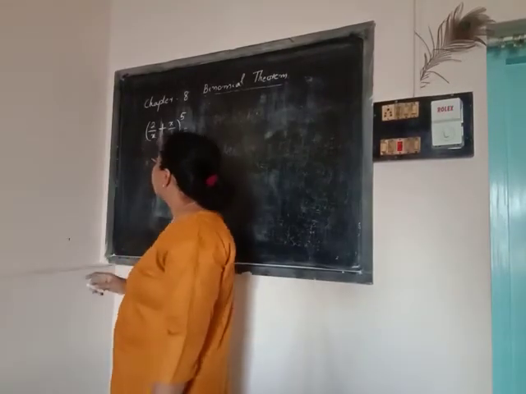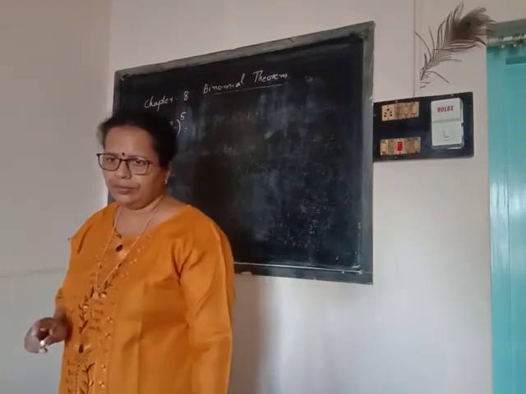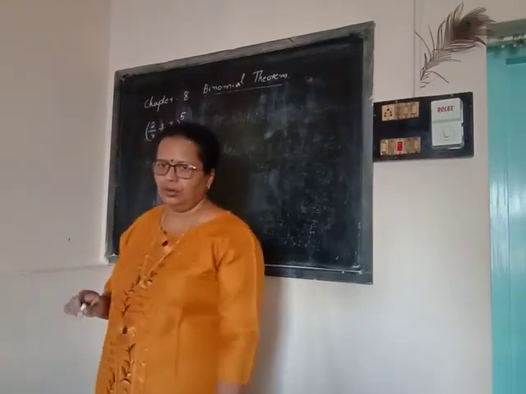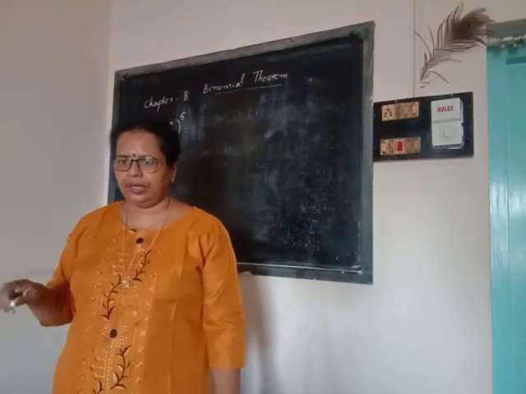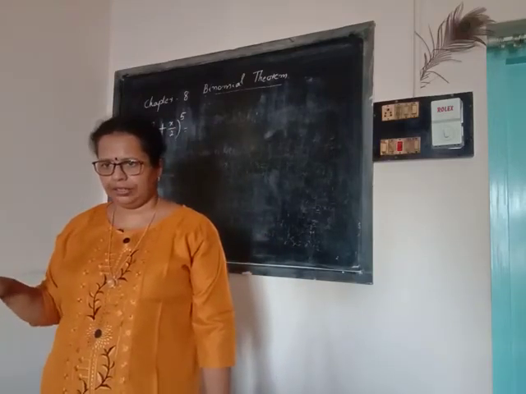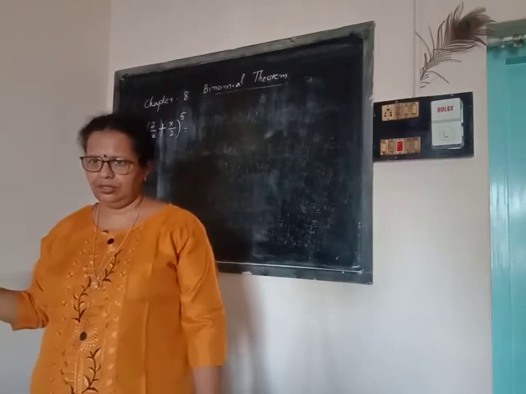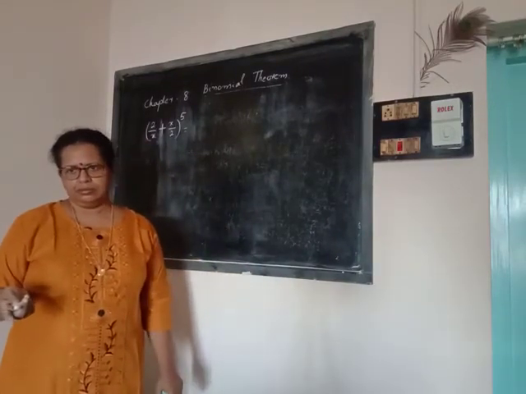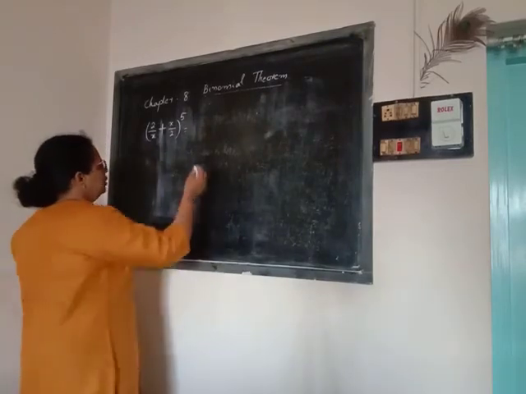2 by x plus x by 2, whole raised to 5. Next problem. What are the coefficients of power 5? 1, 5, 10, 10, 5, 1. Isn't it? So let us write.